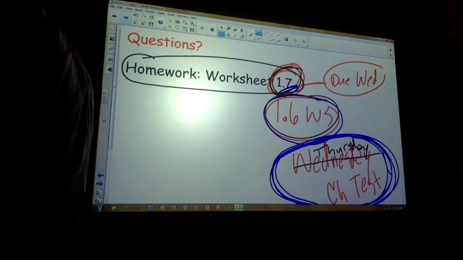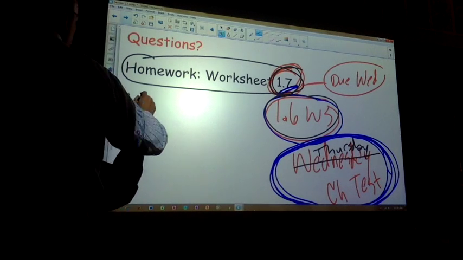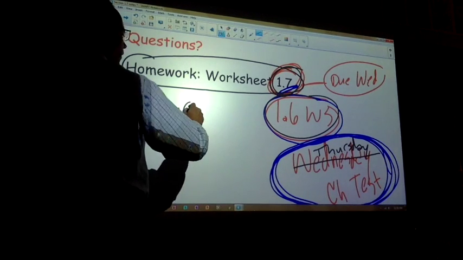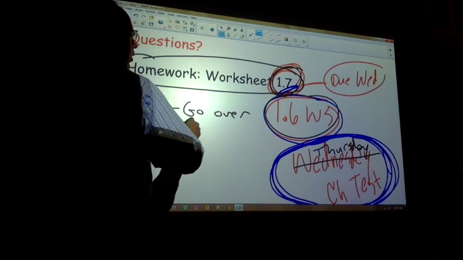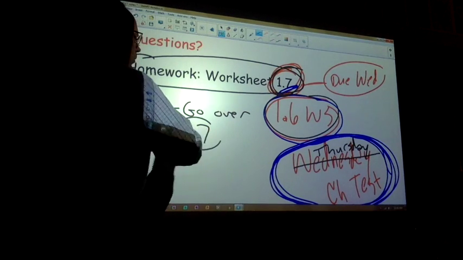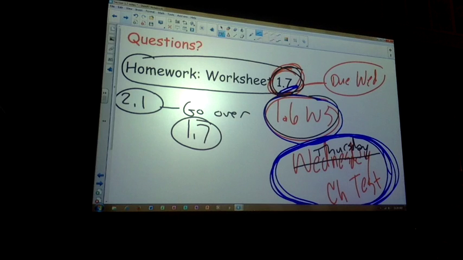Tomorrow we're actually going to start on 2.1. I will go over 1.7 tomorrow with us during class, and then we start the next unit, and then Thursday we will take the test on chapter 1.